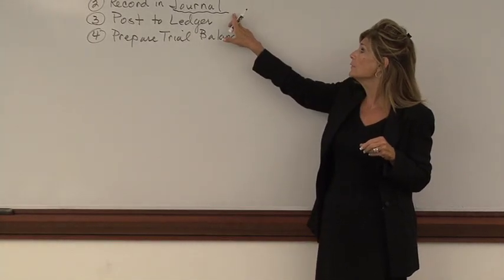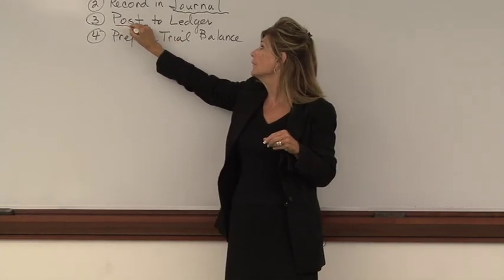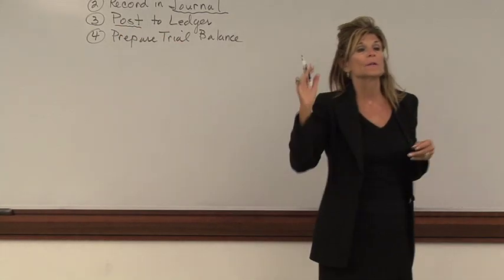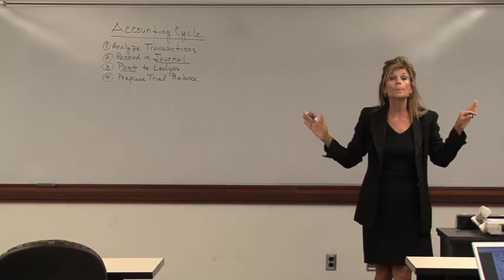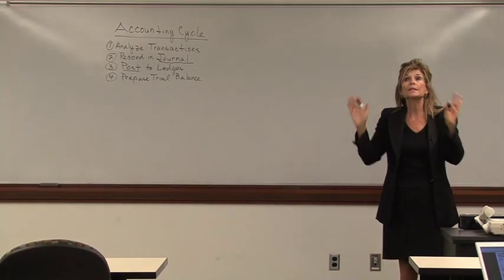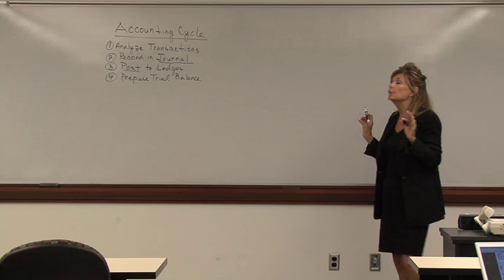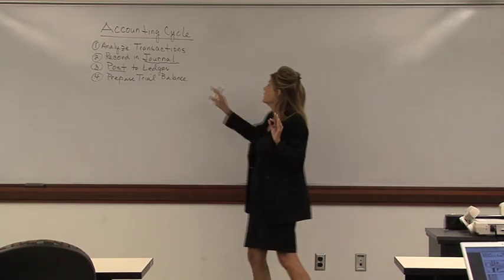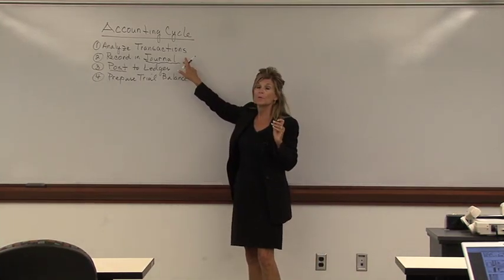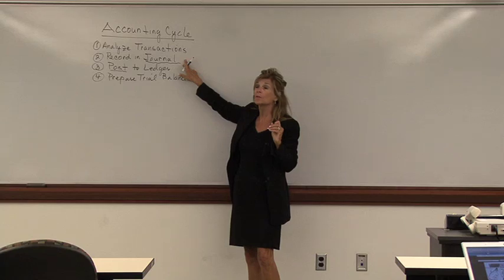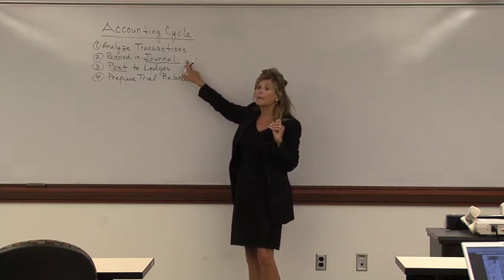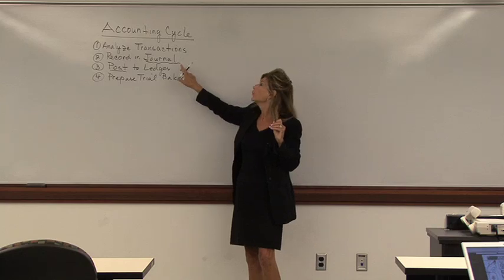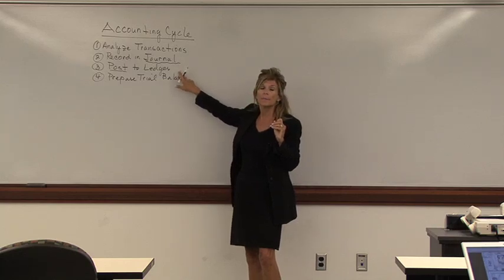We call that posting, or transferring information from the journal to the ledger. You've already made up your mind. You've already made your decisions. So you're merely transferring or posting the same information. So if you debited an asset in the journal, debit that same asset in the ledger. If you credit a liability in the journal, credit the same liability in the ledger.